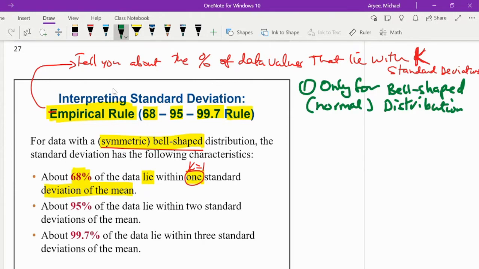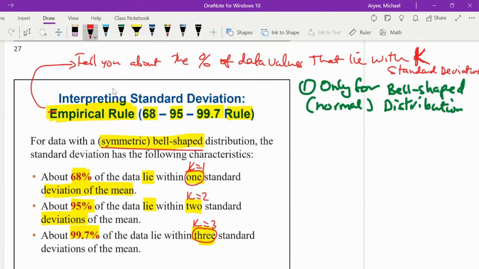Now, the second statement says that 95% of your data will lie within 2 standard deviations. So here your k is equal to 2, and then the third statement says that 99.7% of your data will lie within 3 standard deviations, which means that here your k is equal to 3.